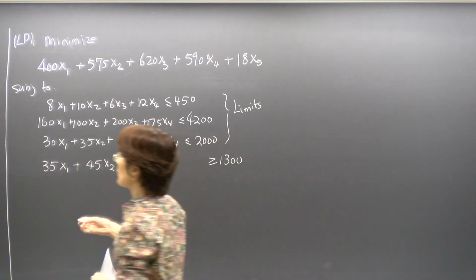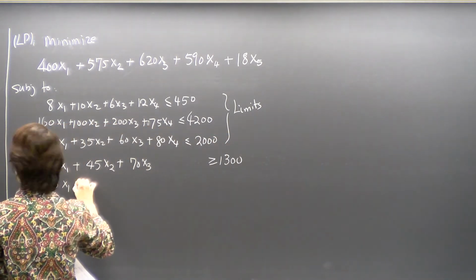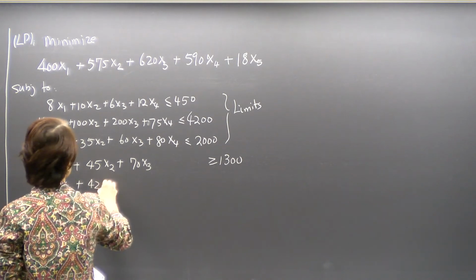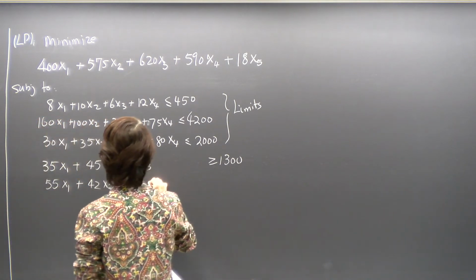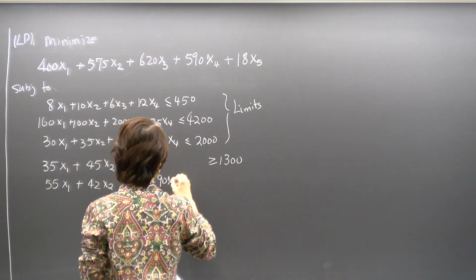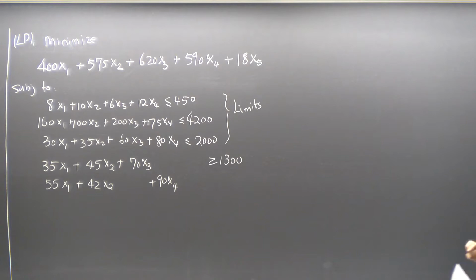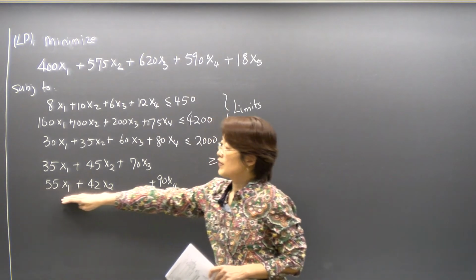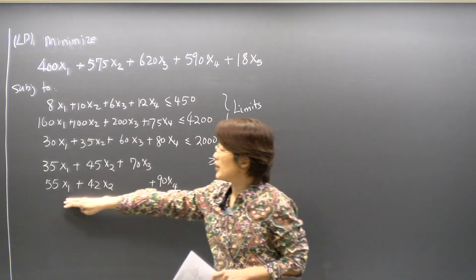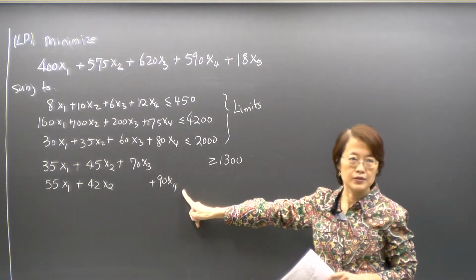Okay, and then for product 2, let's copy that down. 55 x1, 42 x2, no x3, and 90 x4. So how many of product 2 will I have? All of these, this sum here, the 4 processors will produce that many, right?